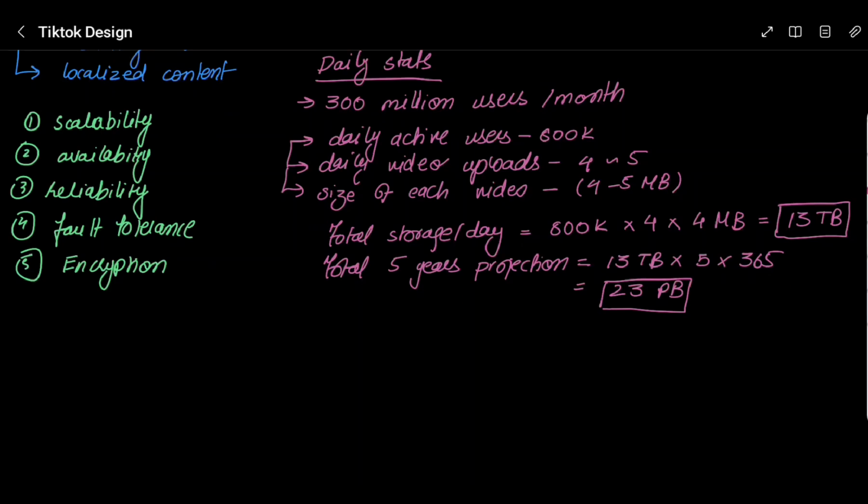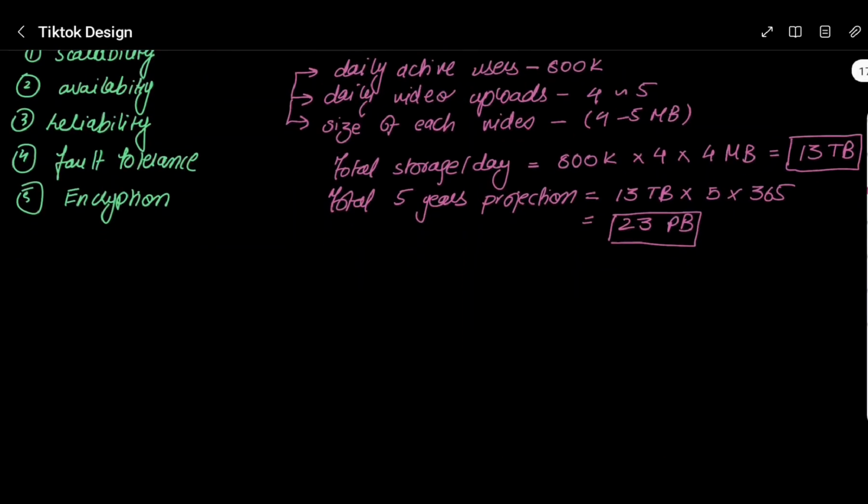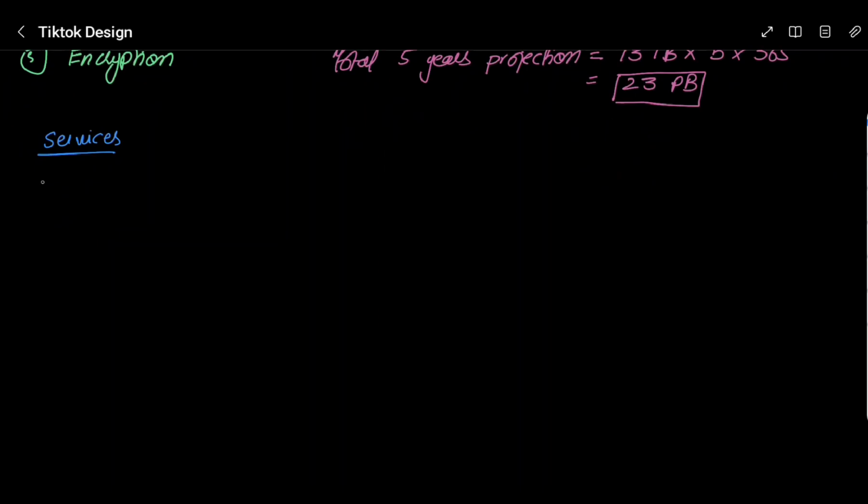But for that, it's very crucial that you divide your functionality into multiple services. So in this case, I would say that I have services. Let's scroll this up. So we have an upload service.